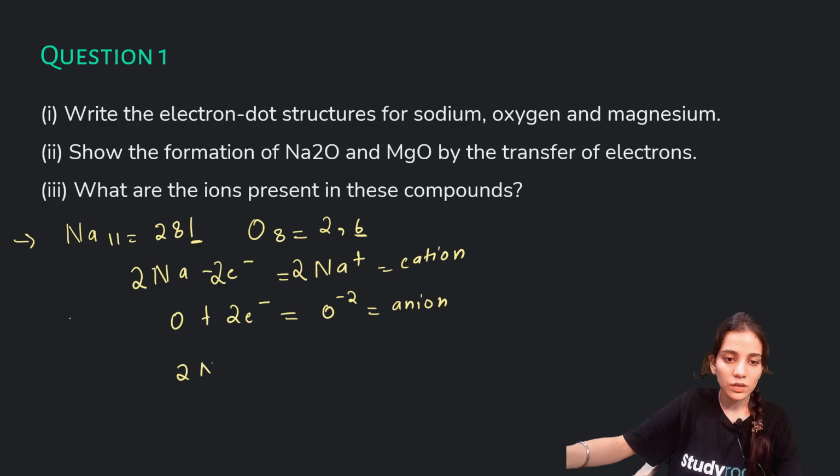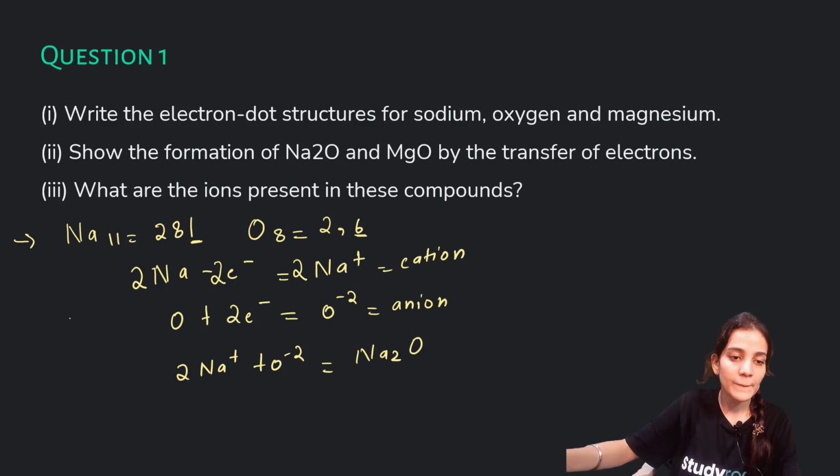Now these two will combine together to form Na2O. You must have observed the ions present in these compounds. So here we have this cation and this anion.